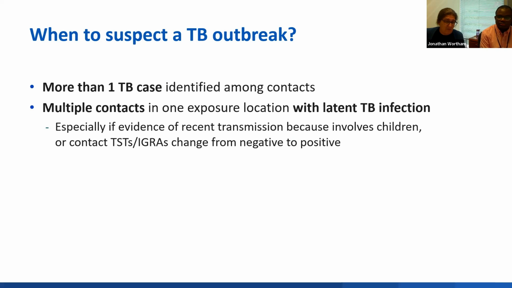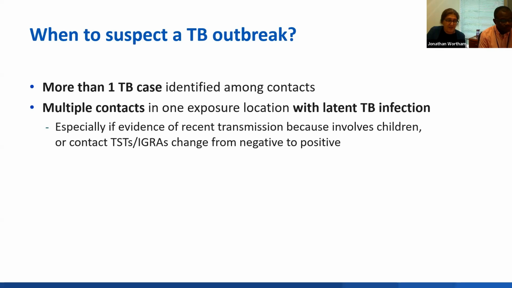But if you're finding more than one active TB case among contacts, or a bunch of contacts with latent TB, especially if you're seeing children who presumably were recently infected because of their age, or adults whose TSTs or QFTs or T-spots, whatever you do, were negative on the first round and now they're turning positive, that is evidence of recent transmission. And that's a good time to start thinking, wow, we might have an outbreak on our hands.